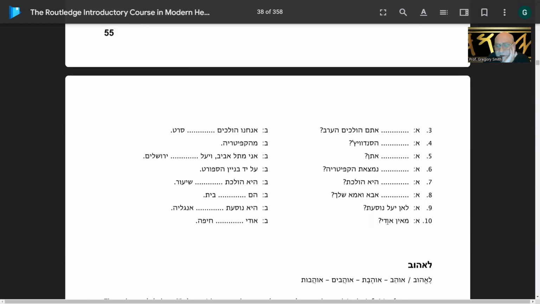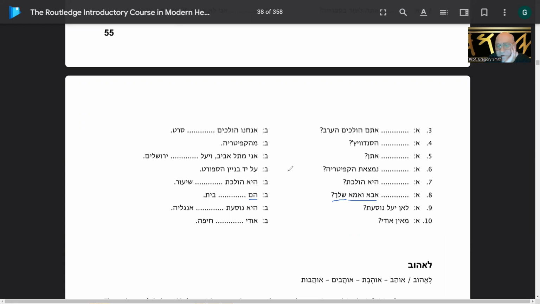Okay, so we're down here to number 8, blank. Abba va'ima, so mother and father, shalcha. Okay, that might be like, let's see. Where is your mother and father? And the answer is hem. Okay, I bet you it's going to be where Abba va'ima shalcha.